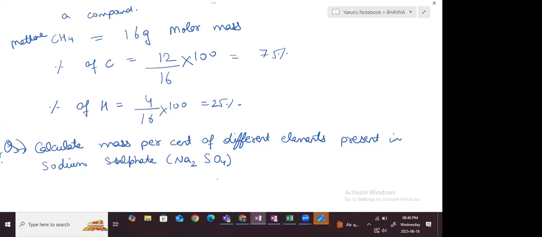Ma'am, is it 142? 142 correct. Ma'am, now I have to calculate the percentage of the three. Yeah. First, you have to calculate the percentage of sodium, sulfur and oxygen.